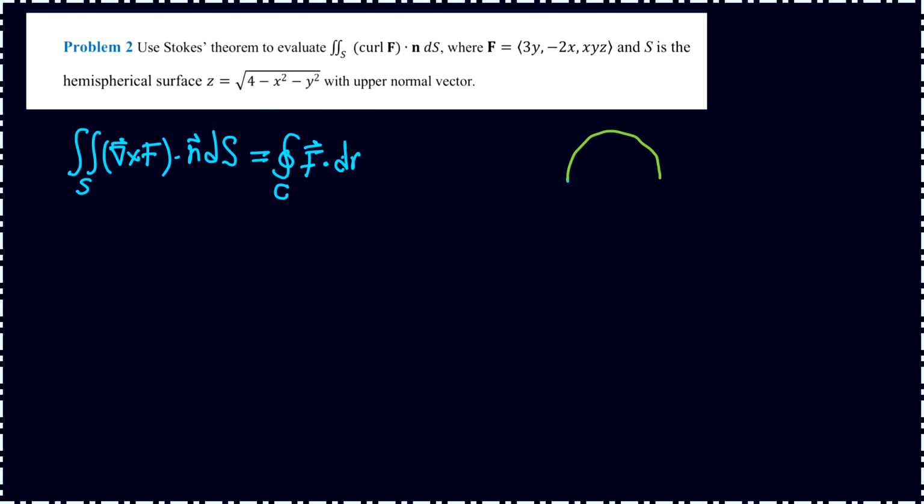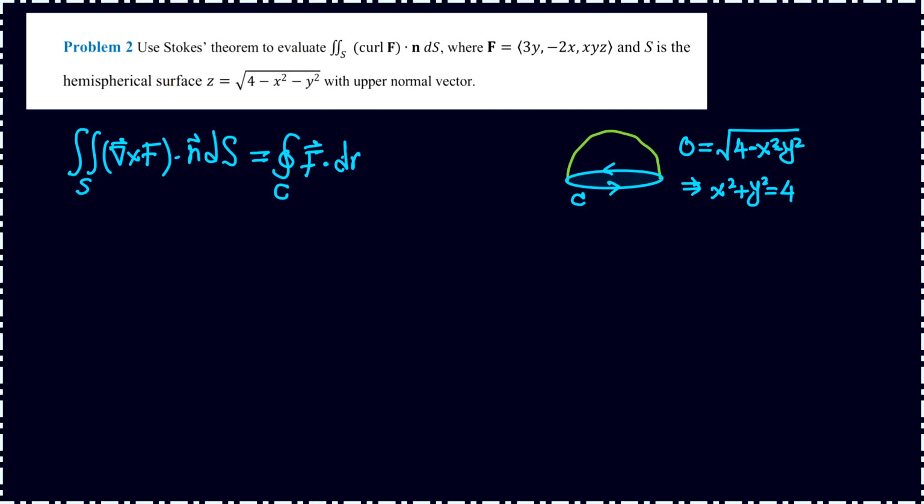And this is the curve of intersection. Okay, so again, we're going to assume positively oriented curve. To find that curve, you just set the equation of the hemisphere equal to 0. And that gives you the circle of radius 2.